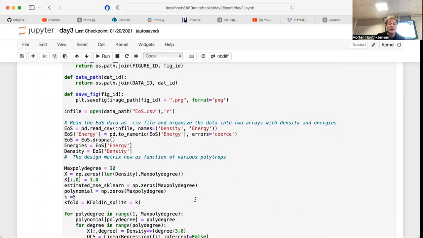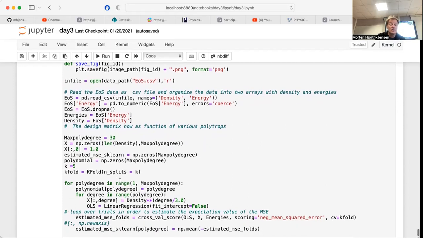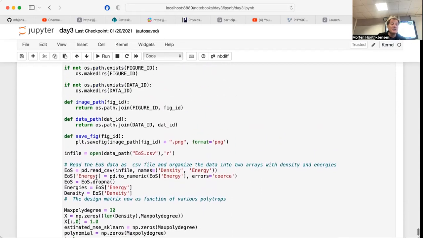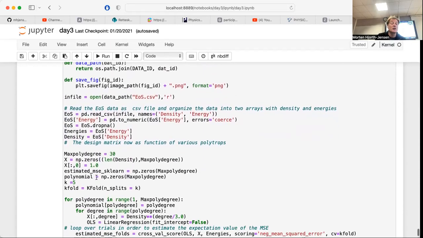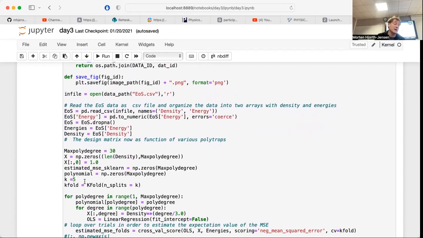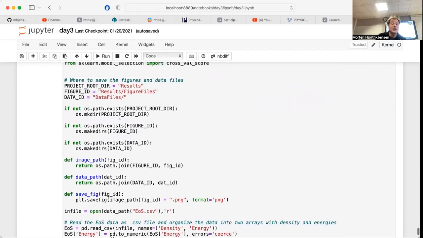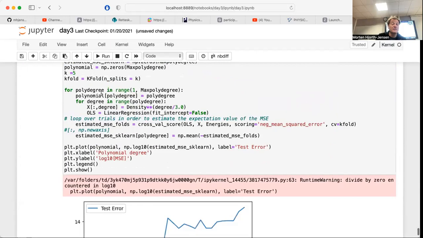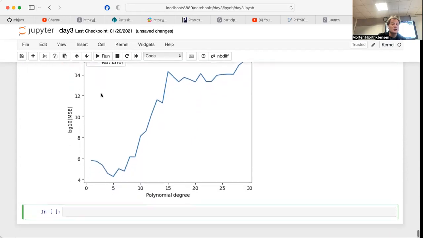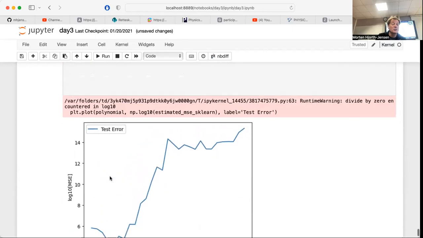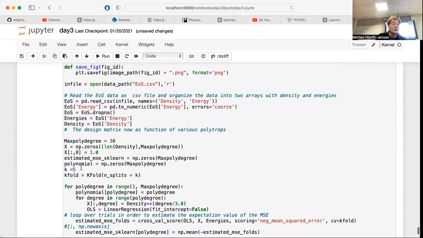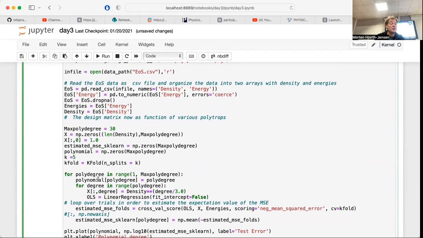This is a fit of a neutron matter calculation of the energy versus the density, where I'm exceeding the polynomial degree. A polynomial degree 5 is the one which does the best job. The results are going to be very sensitive to the number of folds. This was a data set with 180 points with 10 folds, and I'm running over the polynomial degrees.